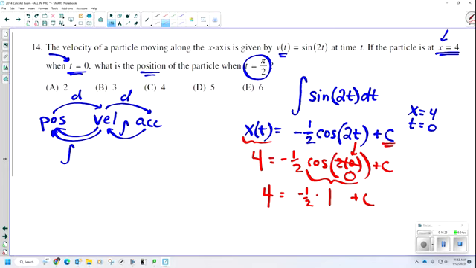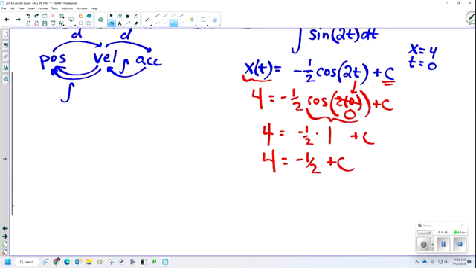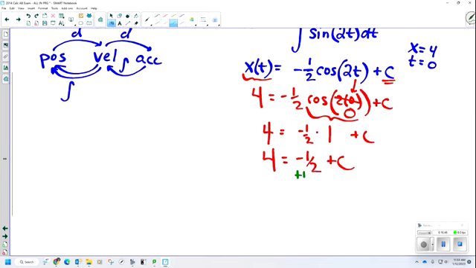So what does that mean? Let's go further. So 4 is going to equal negative 1/2, that's what I get when I multiply, plus c. If I add a half to both sides, I'm just going to call this 4.5. It's 4.5. That's my c value.